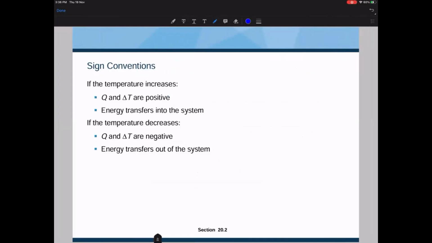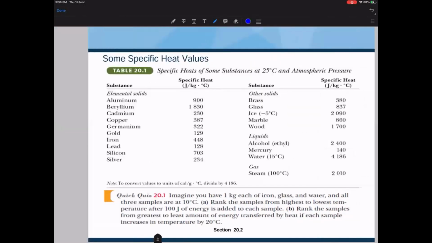And whenever we are putting energy into a system, you expect the temperature to increase, and therefore Q and delta T would become positive. When you are taking away heat energy from the system, Q becomes negative. So that is the usual sign convention we will use.